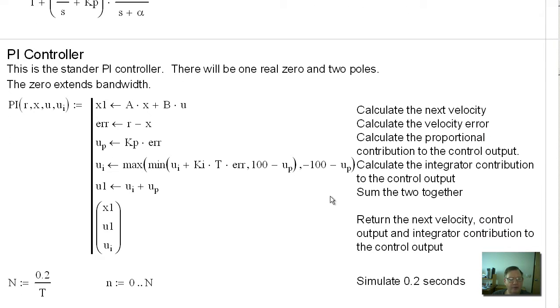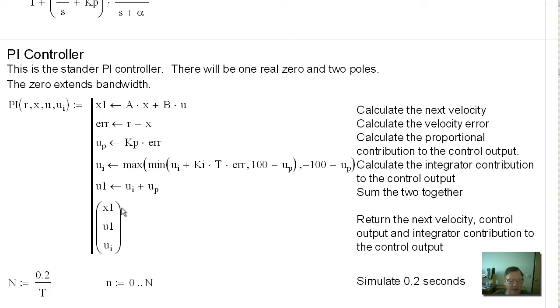So now I'm implementing the PI controller, and this is taking the velocity and the control output and calculating the new velocity. This is the error between the target and actual velocity, and we're multiplying the proportional gain by the error to get the proportional term, and then we're multiplying the Ki times T times the error to update, and then adding it to the old integrator term to get the new one.